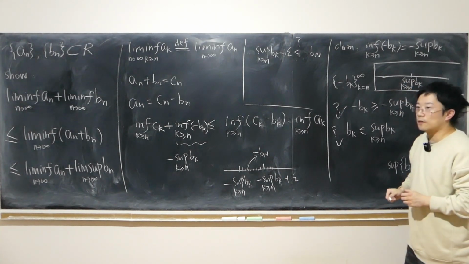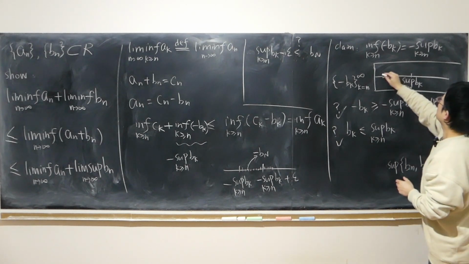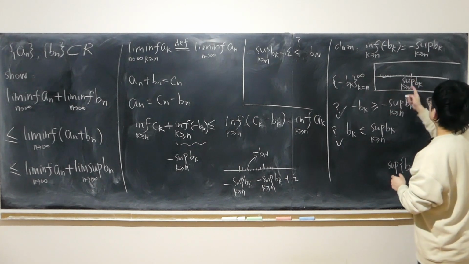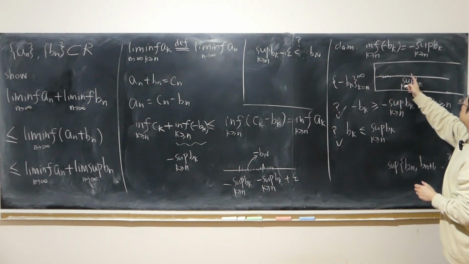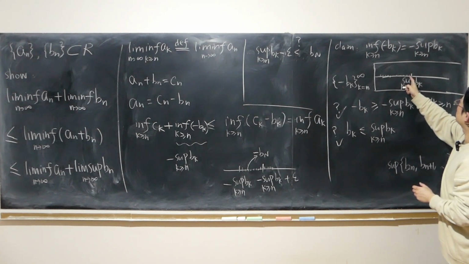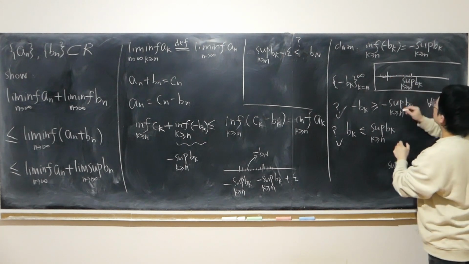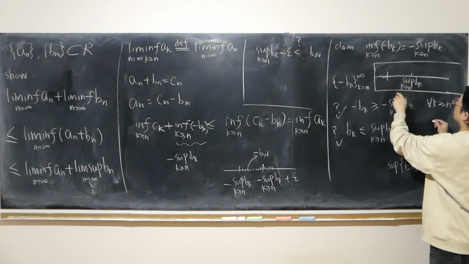Supremum means the smallest upper bound, right? These are the elements from here, right? All the elements, this is the smallest upper bound, right? If it's a little bit smaller, then it's no longer an upper bound.